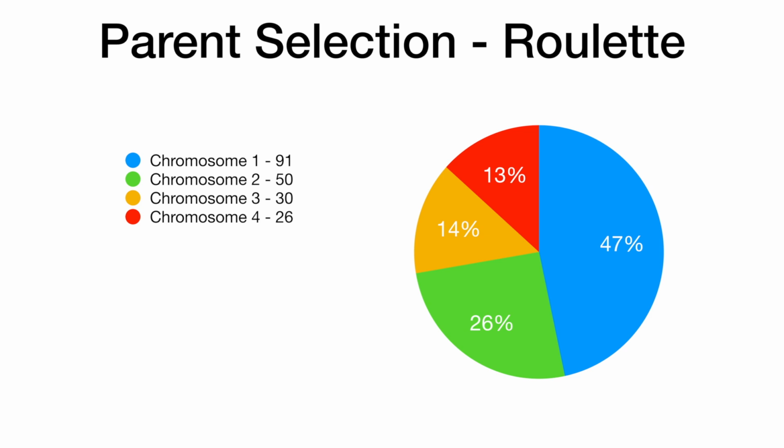So we create some kind of roulette wheel, and the bigger the value, the better the fitness function. So the better the solution provided by the chromosome, the bigger field is taken by this parent. And then we randomly choose some field on this roulette, just like in a casino. So the better the solution, the bigger the chance.